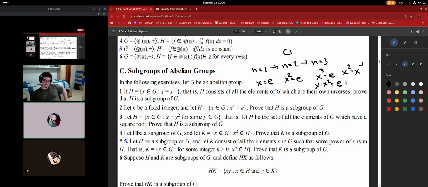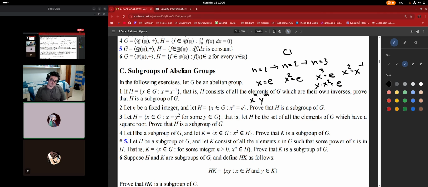And if you happen to have multiple kinds of elements that eventually cancel out, like let's say you have an x and a y, where x to the n is equal to e, and you have another element, different from x, let's call it y, but also y to the n is equal to e.